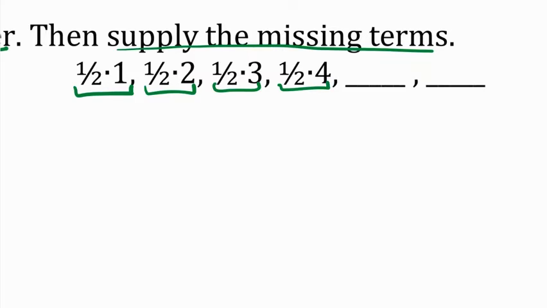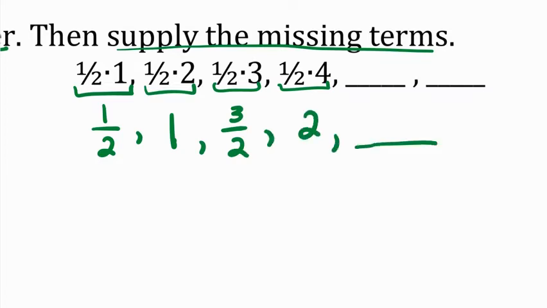So 1/2 times 1, well, that's 1/2. Our next term, 1/2 times 2, that's just 1. 1/2 times 3, that would be 3/2. And then 1/2 times 4 is 2. So we're looking for our next two terms.